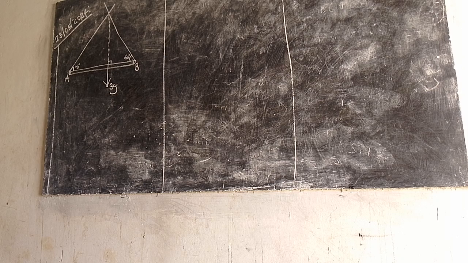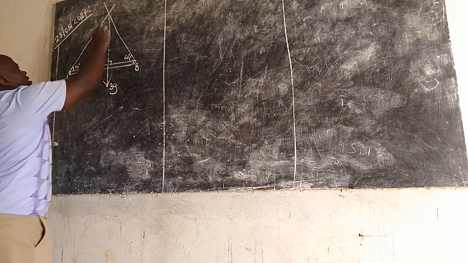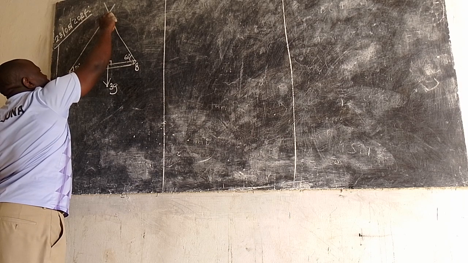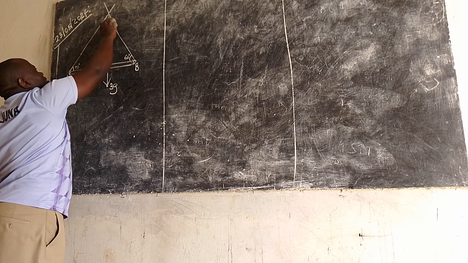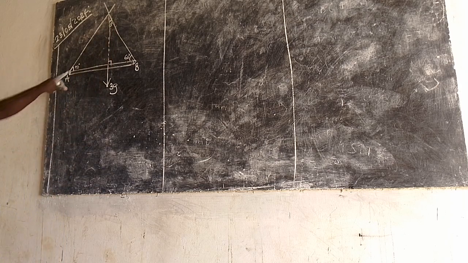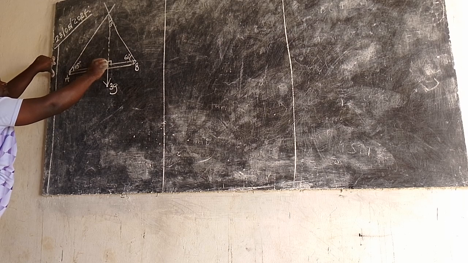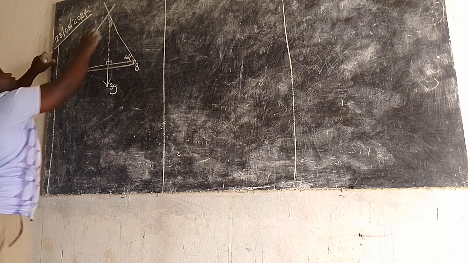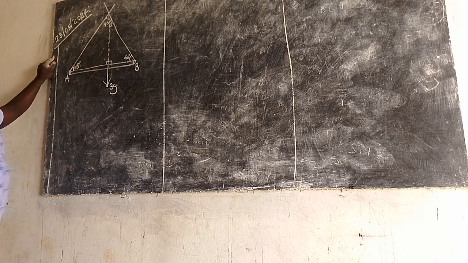Now, me and you should agree that since this is 90 and this is 60, then for it to be 180, this must be 30. Was it 45 or 40? 45. So this is 45. For this to be 90, this must be 45, and this also must be 45.